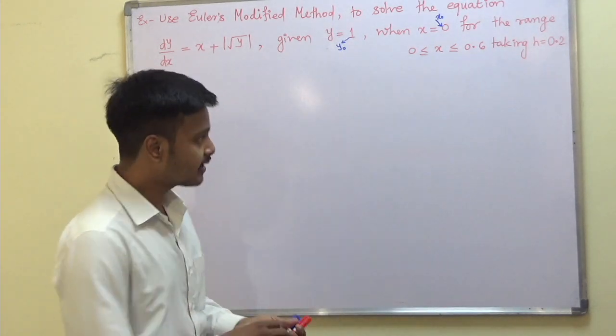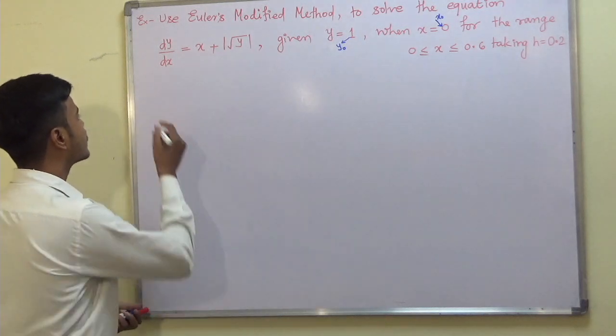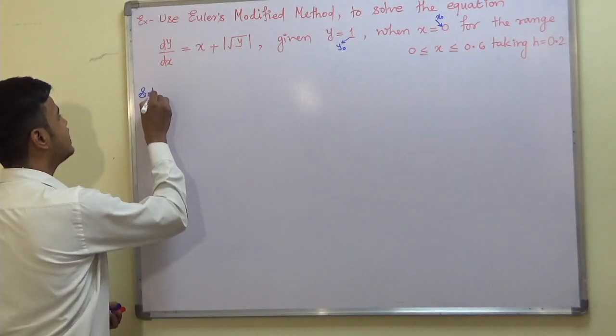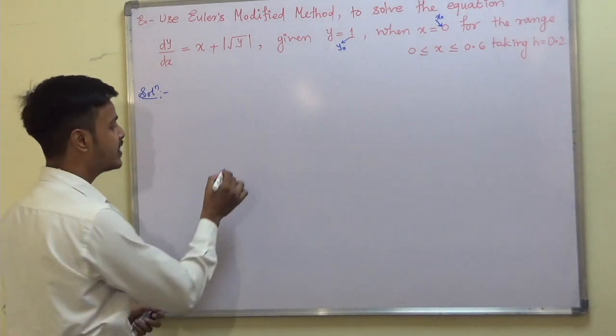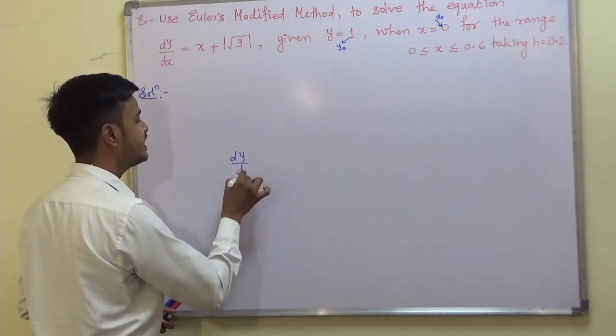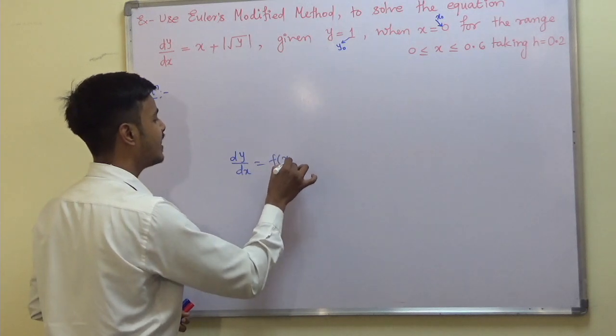So let us start the solution of this problem. What is f of xy? My original equation is dy by dx is equal to f of xy.